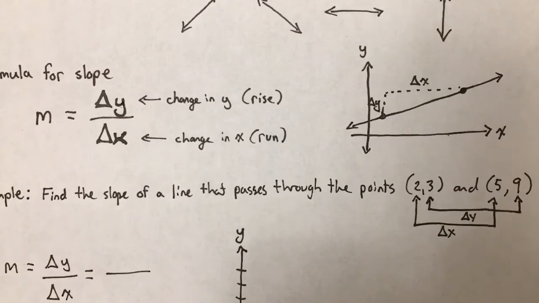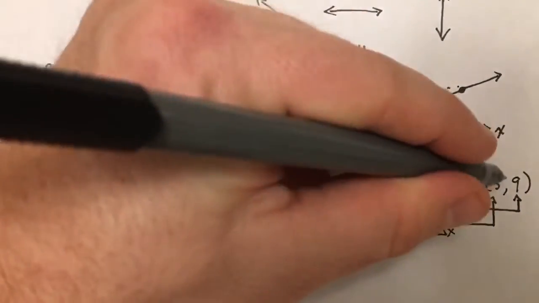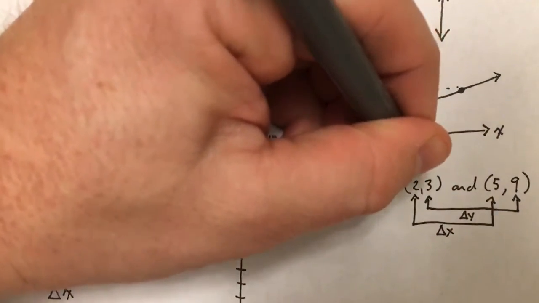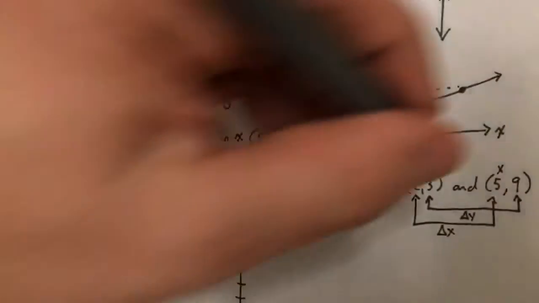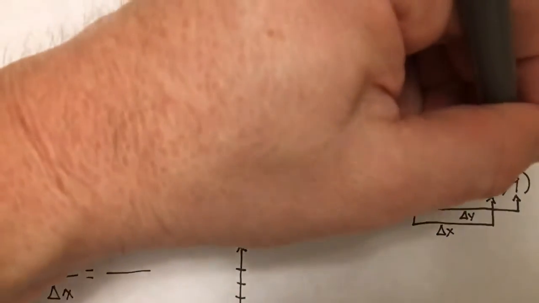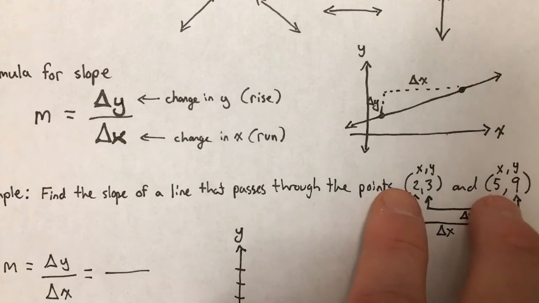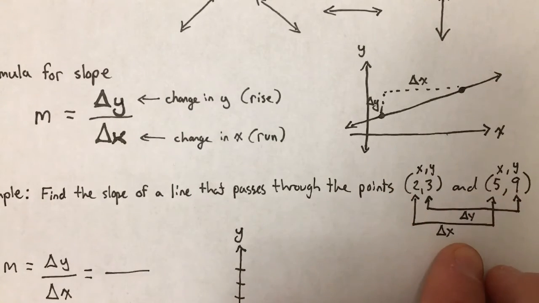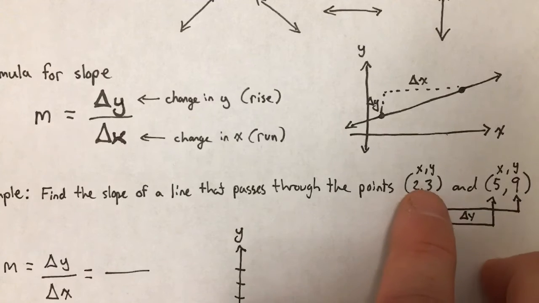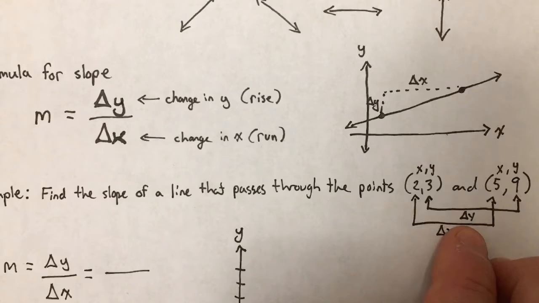So remember, we're going to be looking at the change in y to the change in our x coordinates. So if you remember that in our ordered pairs, the first number is always our x coordinate, and the second number is always our y coordinate. So the first numbers refer to our change in x, or our delta x, and then our second numbers refer to our change in y, or our delta y values.